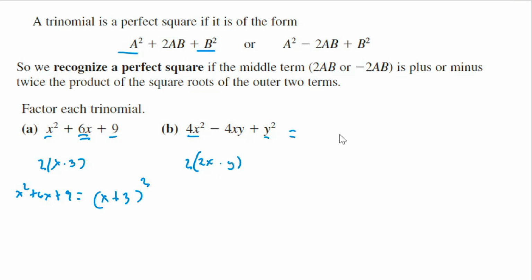So we can write now, the first term is 2x, and since the sign is minus, write there minus y, and then squared. The one that I have shown here is for the middle term, 4xy. So the negative sign there will reflect here. So the square of a binomial.